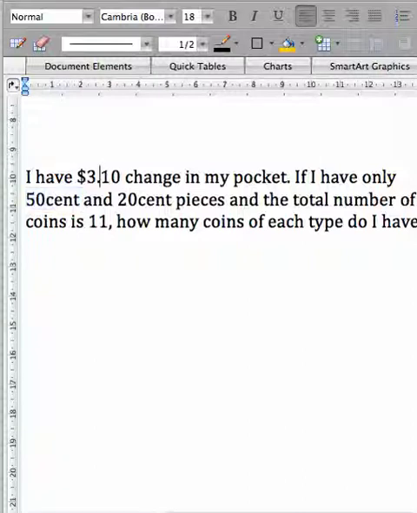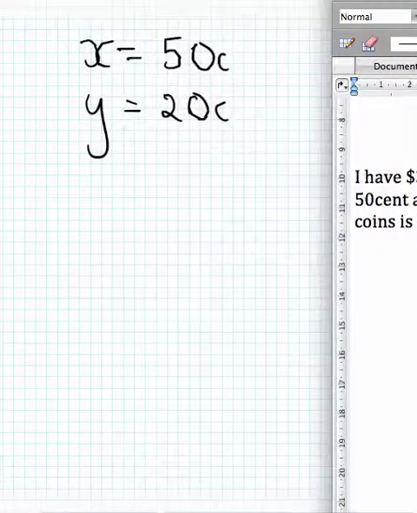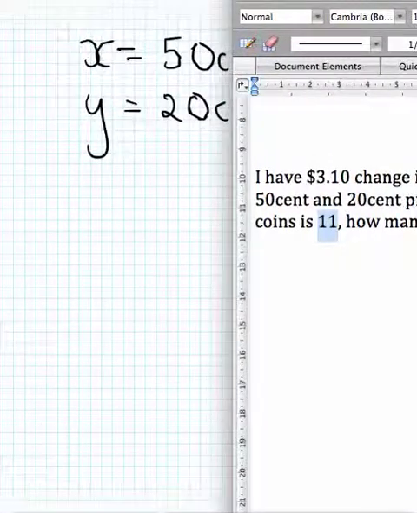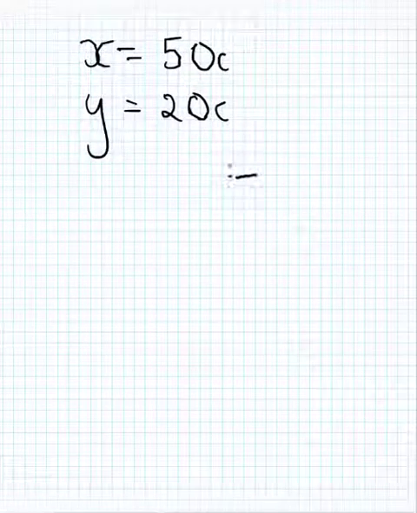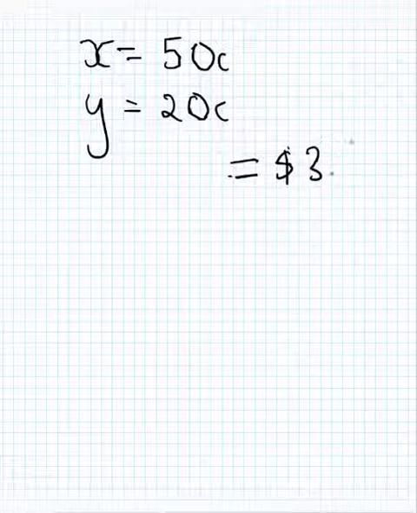Now, I want to highlight there are two things. There is value. $3.10 is a value. And there is also a total number of coins, which is 11 coins in total. So for our first equation, we can use the value. I know the total is $3.10.